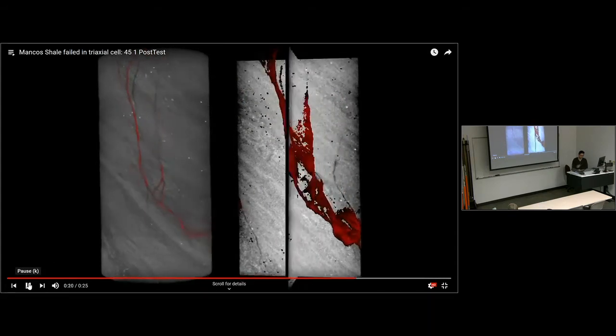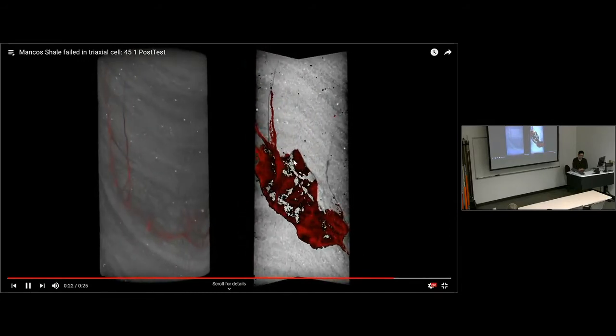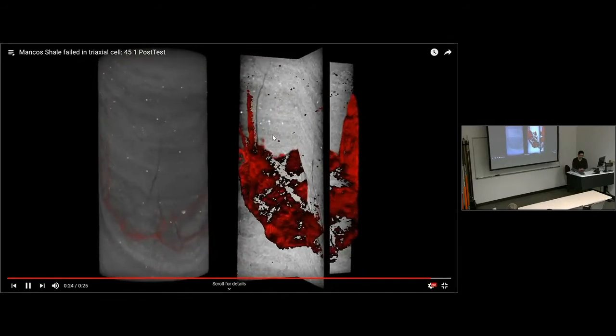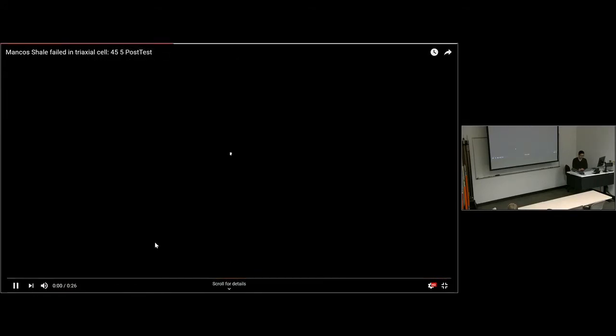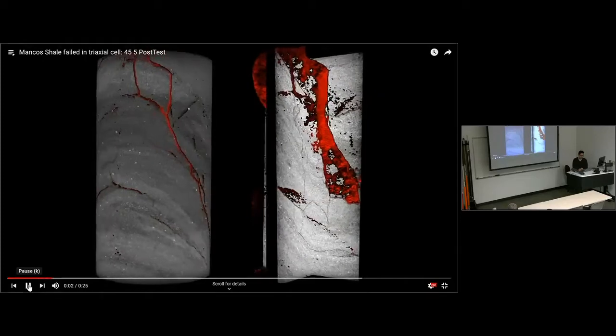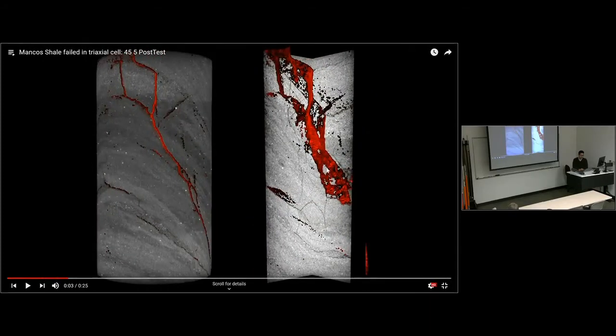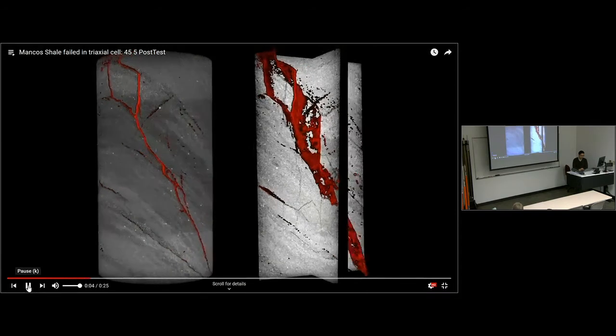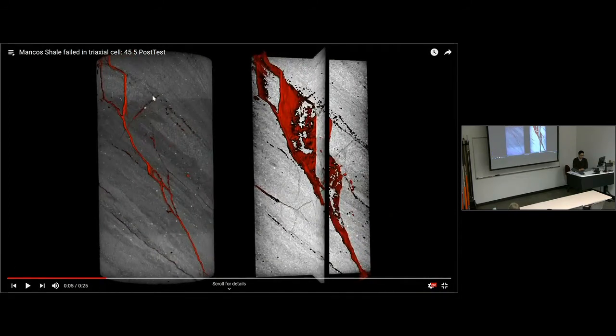And on the right, a student of mine who already graduated made the interior transparent, so you can see the shape of the fracture in three dimensions in red. So in this one also you can see very clearly how these fractures tend to concentrate on those bedding interfaces because they are usually weaker than going through the intact rock.